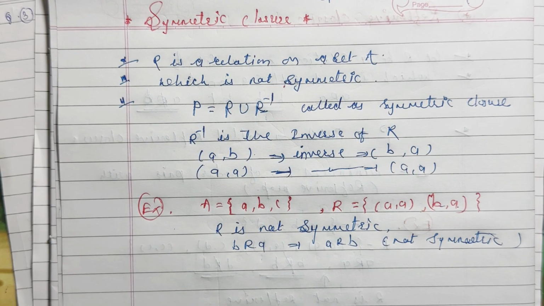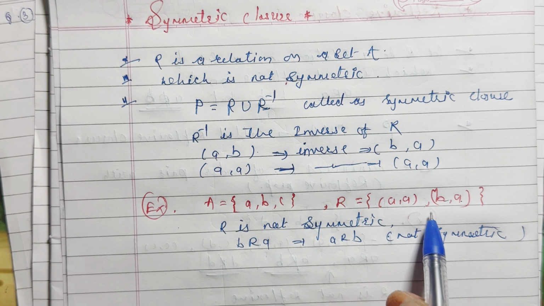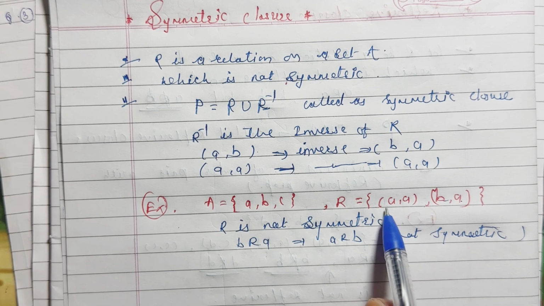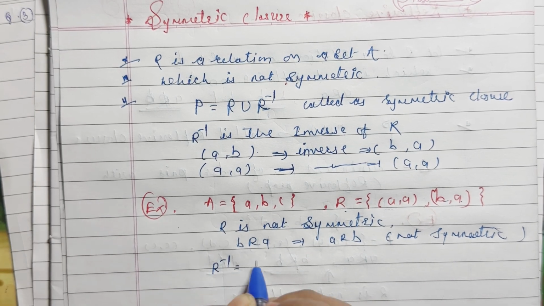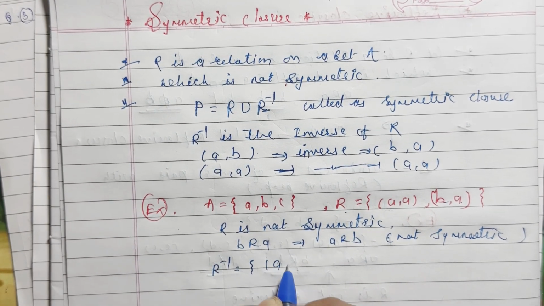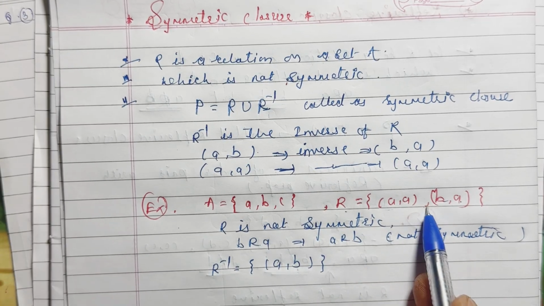So we have to define the inverse of R such that this set R can be symmetric. What is the absent term here? In R inverse, we write the single ordered pair AB, so that R can be symmetric.